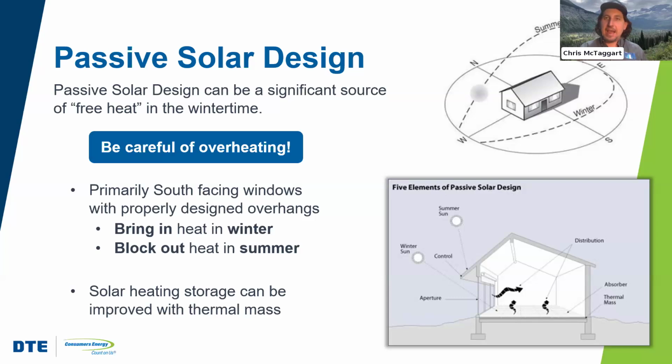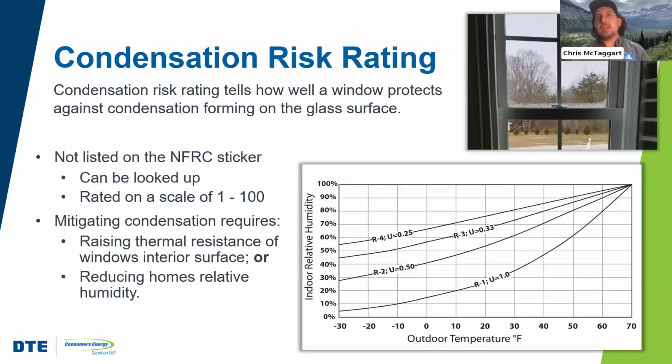So if you have a slab floor or a tile floor, anything like masonry that is able to store heat because it has higher thermal mass can be advantageous for a passive solar design. But you want to be careful. You don't want to overheat the house with too much passive solar heat.